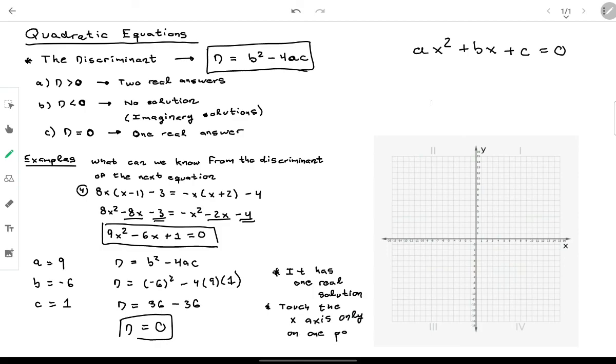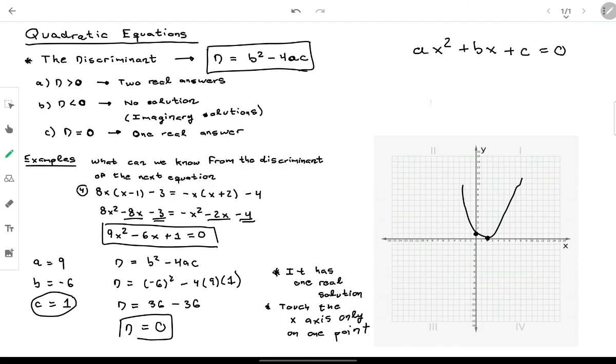And of course also, because the value of c is 1, we know that it will cross the y-axis specifically on the value 1. So maybe we will have something like this, that it will touch only on a specific point of the graph.